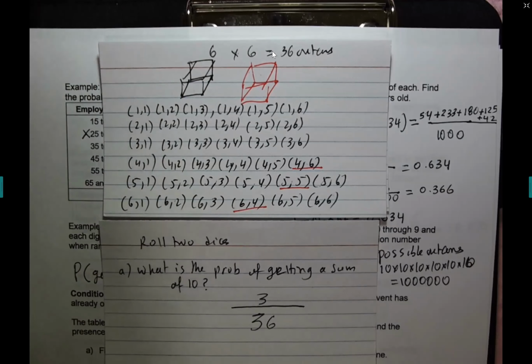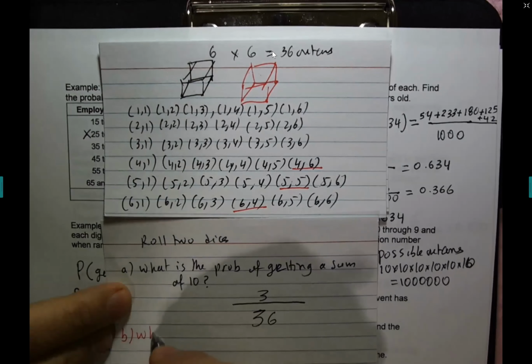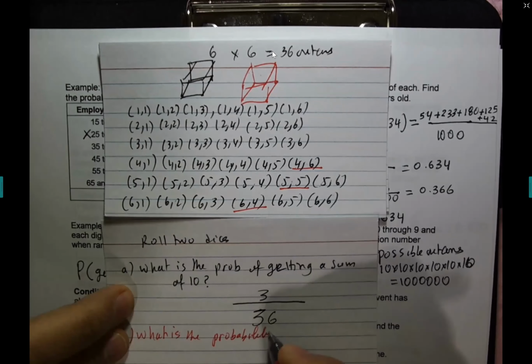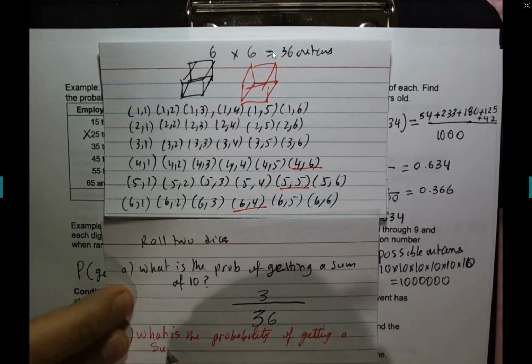Okay, here's the next question. B. You roll 2 dice. What is the probability of getting a sum of 9?